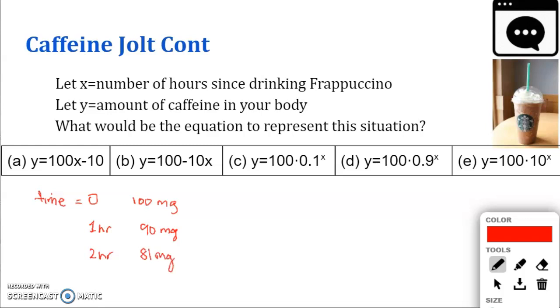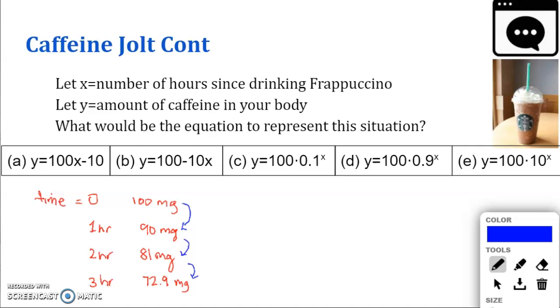And we said that in the third hour, I'm going to subtract another 8.1 from this, and that's going to be 72.9 milligrams. So how would I model this? What is happening from this number to the next number? What should I be multiplying 100 by to get to 90?